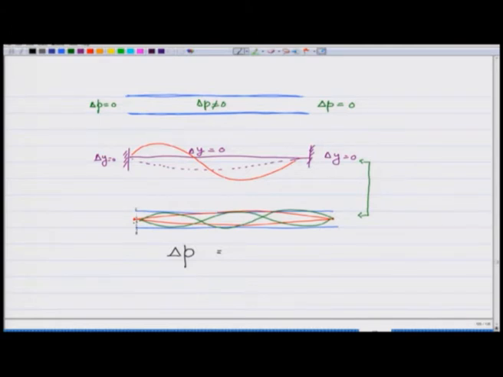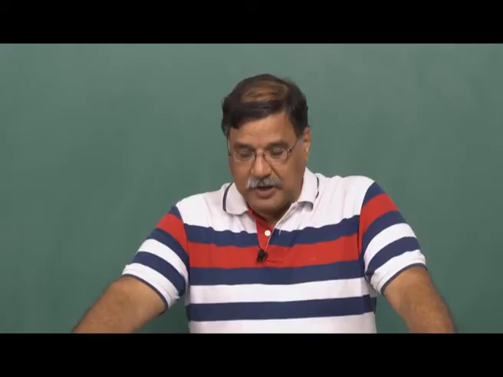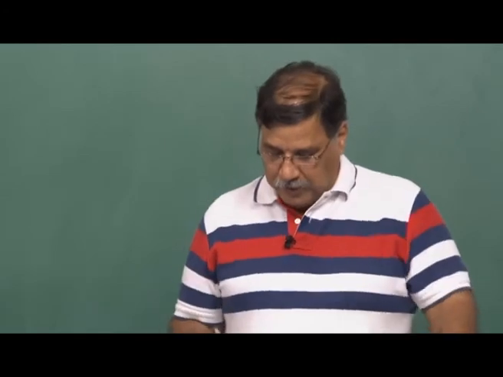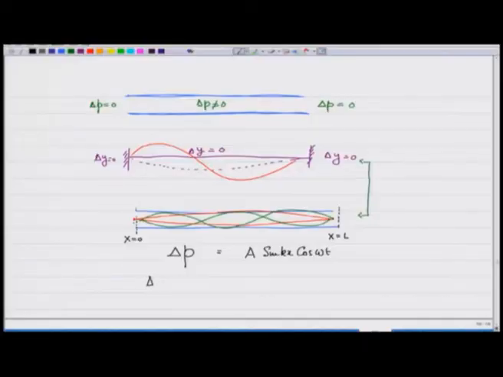So, I will take the left hand to be x equals 0 and the right hand to be x equals L, that is the length of the pipe, and delta p would be a sine of k x cosine of omega t or any different variations. I have chosen sine k x because this gives delta p to be 0 automatically at x equals 0. Now, I want delta p at x equals L also to be 0.